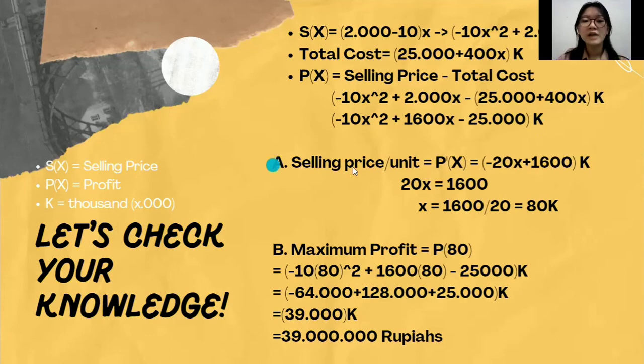And to find the selling price, which is one of the questions, we are going to differentiate the function P(x), which is going to be like this. The squared is going down and times the minus 10x. Resulting, we have a minus 20x, and the derivative of our 1,600x is 1,600, and the derivative of only numbers is 0 because they have no variables.